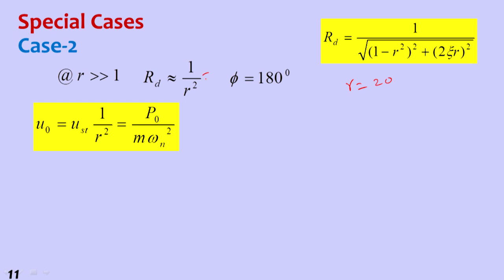So this is equal to u0 by ust. So that means u0 is equal to 1 by R square into ust.